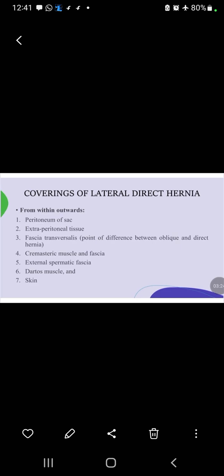Covering of lateral direct hernia, from within outward: peritoneum of the sac, extraperitoneal tissue, fascia transversalis, cremasteric muscle and fascia, external spermatic fascia, dartos muscle and skin.